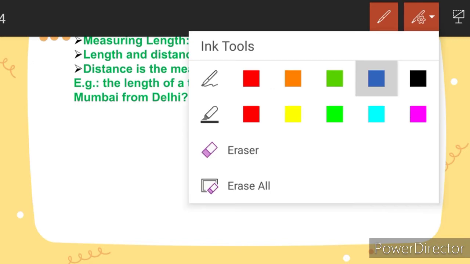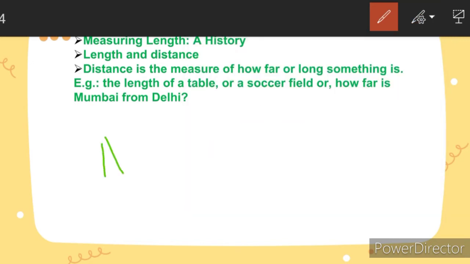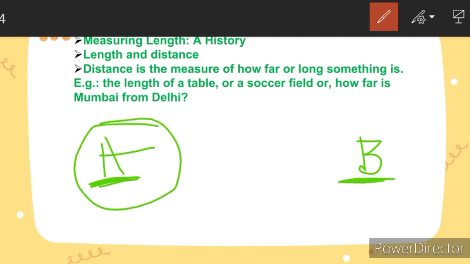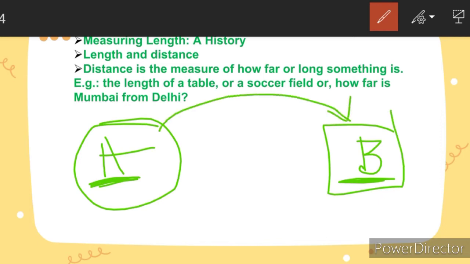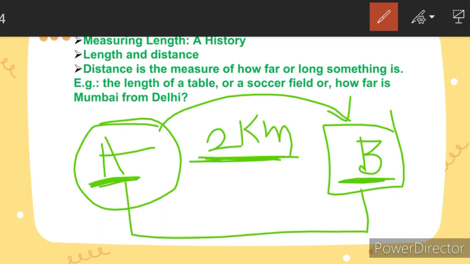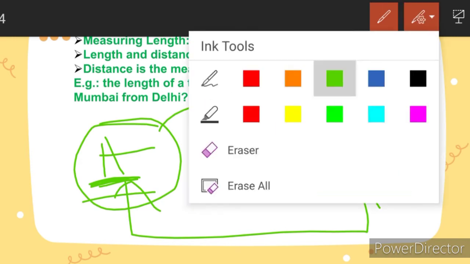This is distance. So the side at which it was before was town A, and the side it reached after was town B, and in between it covered 2 kilometers. So these are the two places, town A and town B, and in between them is the distance you have to tell.